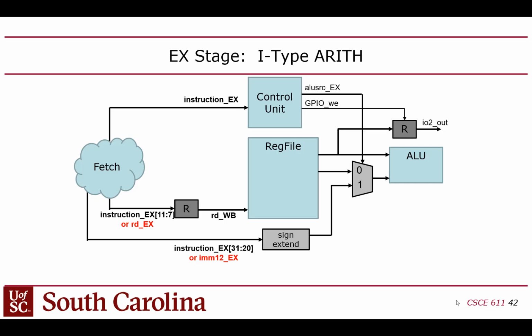GPIO write enable. So this one is controlling the output to the hex displays, to your hex decoders. So this is a register, I think it's the only register with an enable on it. Because the idea is when you have the CSRRW instruction, you're going to update the contents of that register, and then you want to hold them.